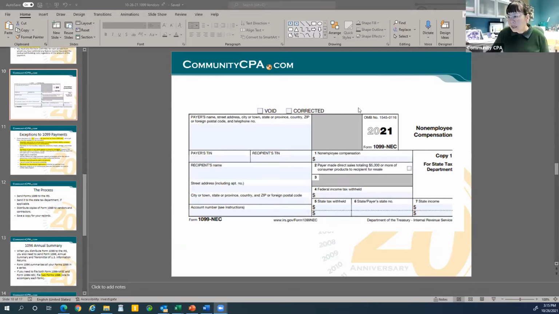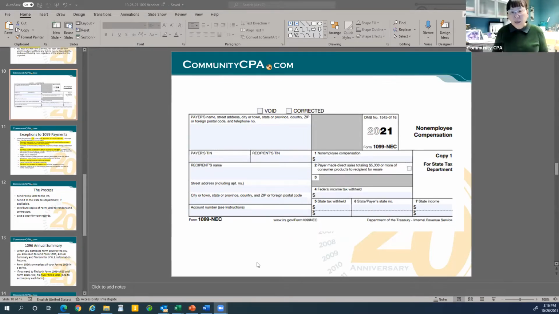And remember when I was showing you the form, you notice that if you issued something wrong, you could check the box to void it, and send the form back to the IRS again. So you issued it and already sent it to the IRS.